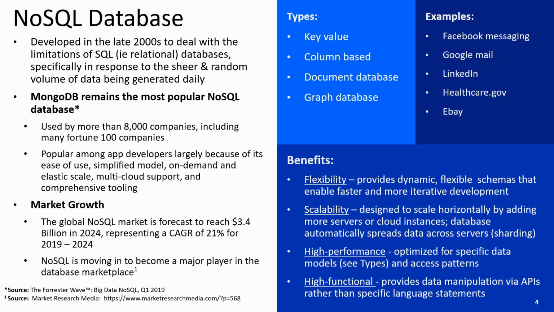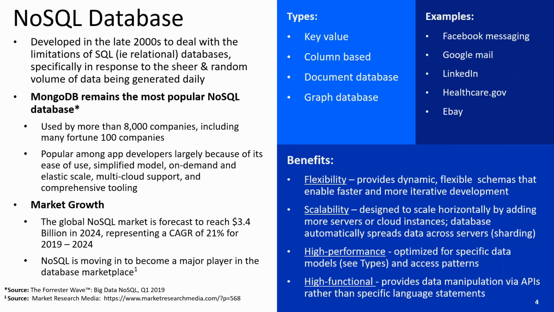There are different types of NoSQL databases optimized for specific data models, and there are new ones coming out. Every time I'm online Googling NoSQL, you'll see something new popping up. But there are a couple of types I'm just going to hit briefly to give you an idea of what's out there.